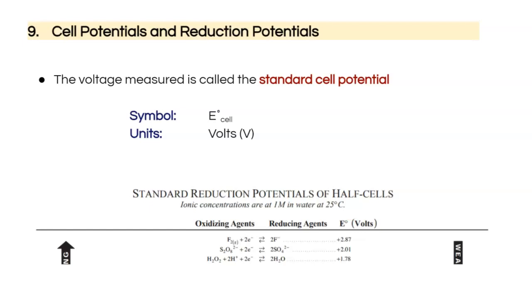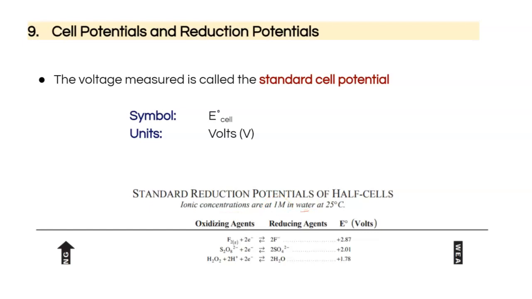So that little degree symbol indicates that that value is standardized. And what does standardized mean? It means that it's done under a set of identified conditions. So let's look and see what the identified conditions are in this case. It's saying ionic concentrations are 1 mole per liter in water.